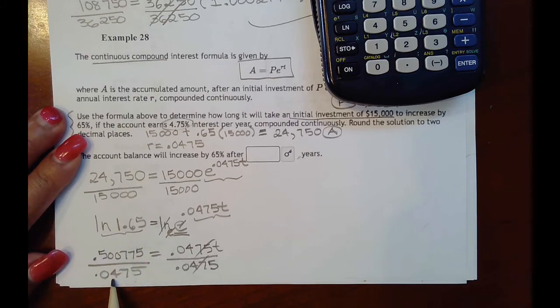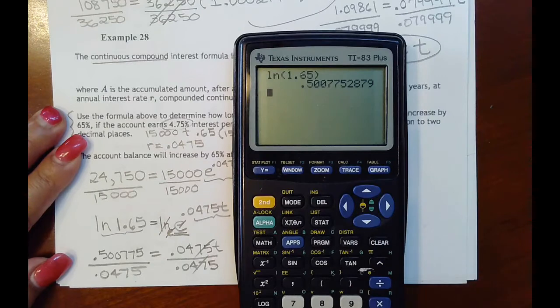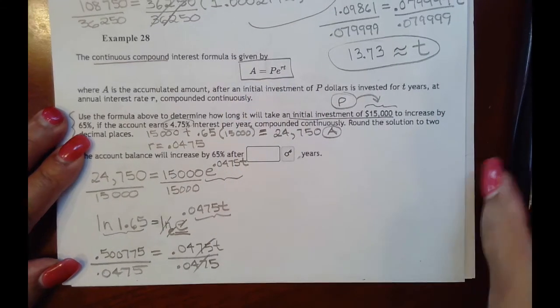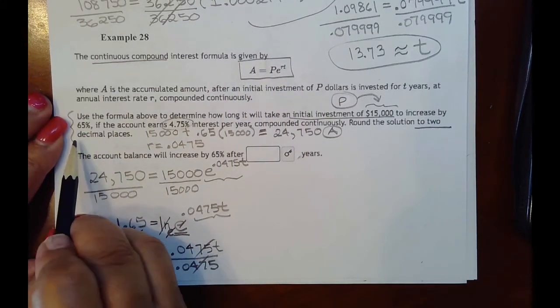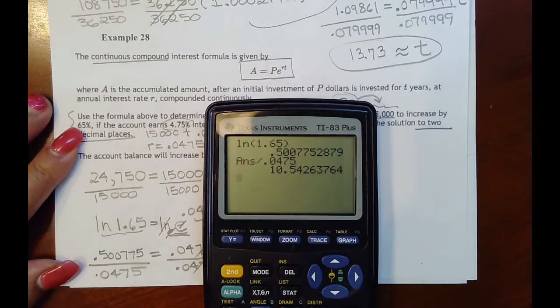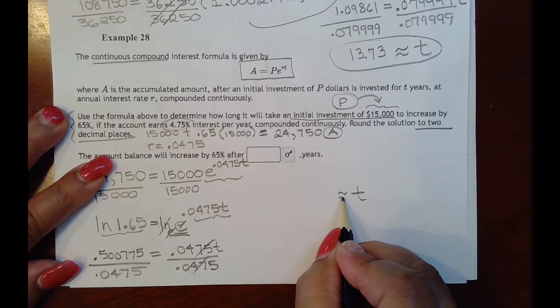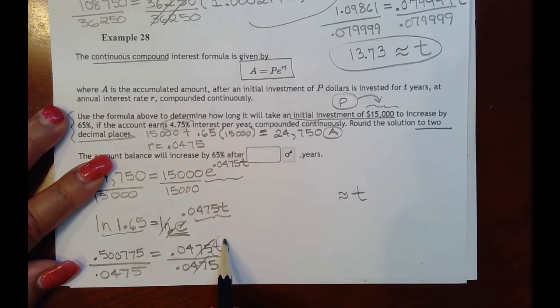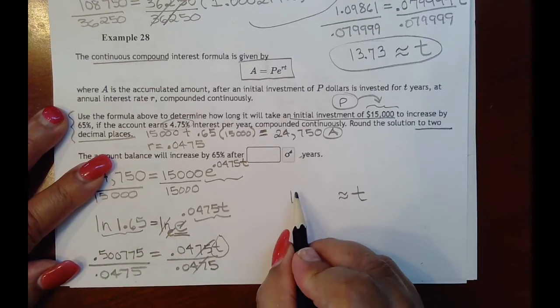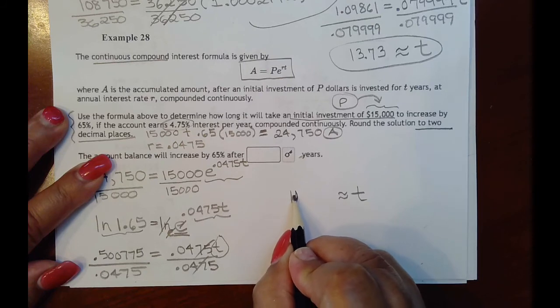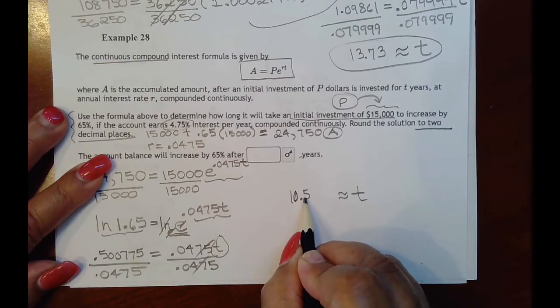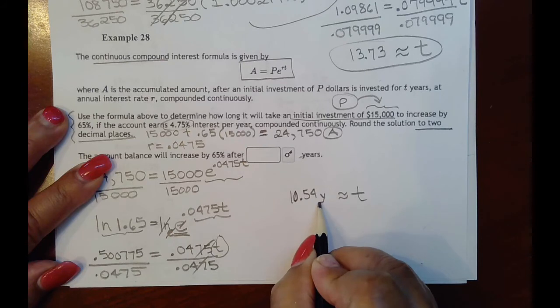It's still in the window, and we'll be dividing by 0.0475. So that gives us, and again, we are rounding to 2 decimal places, 10.54. So t on the right side of the equation still remains. Coefficient got divided off of there. This divided by this was 10.54 years.